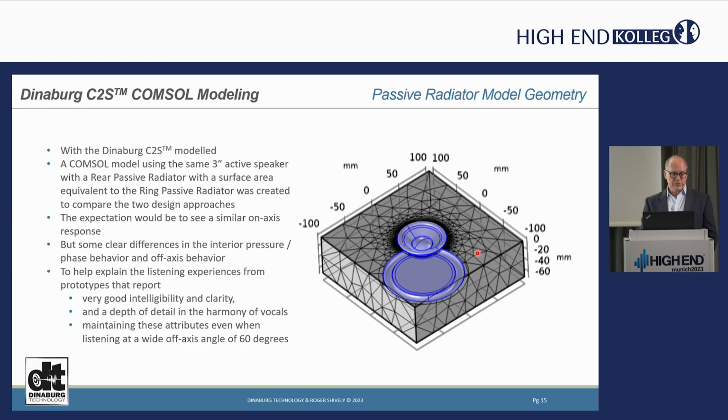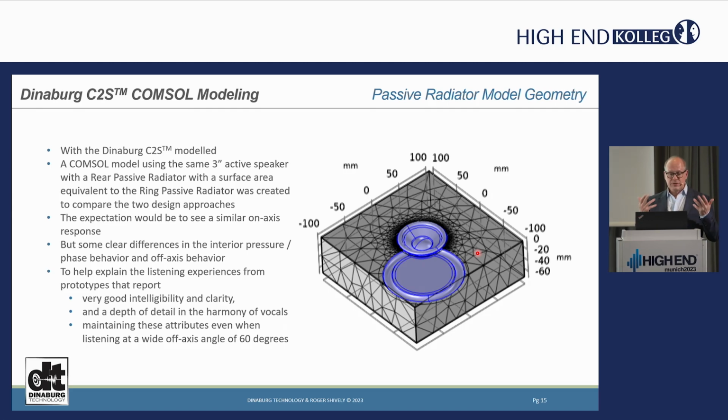And so that was the purpose of the next part of this evaluation. It was one of the things we wanted to understand: if there was a difference, does it explain why there is a difference when you listen to that alignment compared to one that has the passive radiator on the rear?